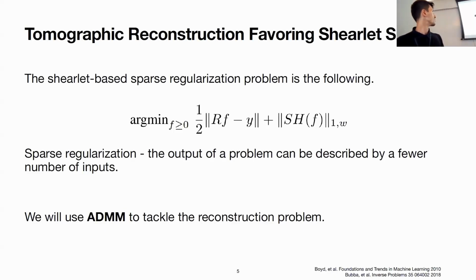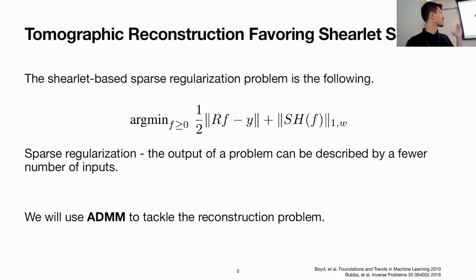All right, so tomographic reconstruction with Shearlet sparsity. We simply see the traditional optimization problem with the data term including the Radon transform along with the noise, and of course the weighted Shearlet-based regularization term.